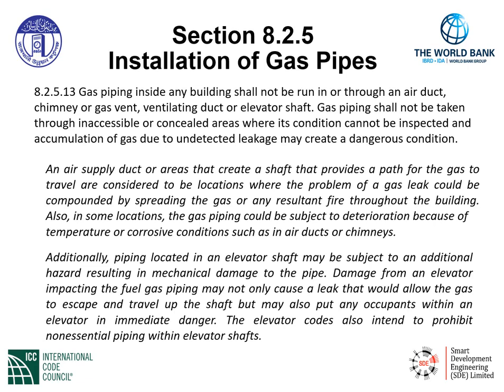And this puts an undue hazard on any occupants within the building and puts them in immediate danger. We need to avoid this. The elevator code also intends to prevent non-essential piping within elevator shafts. So looking at this section gives us some safety requirements based upon where we are permitted to install gas piping inside buildings.